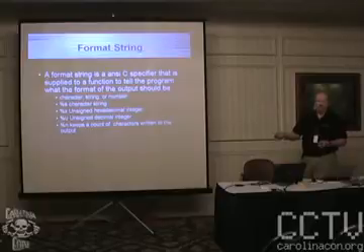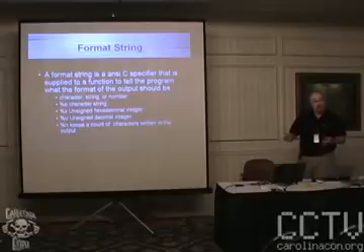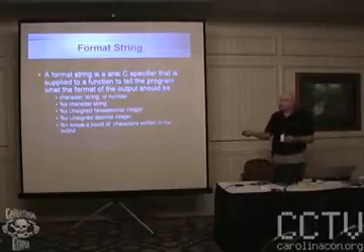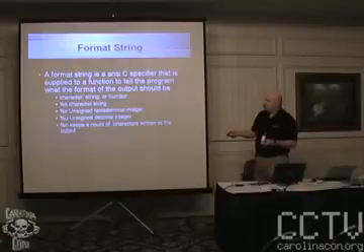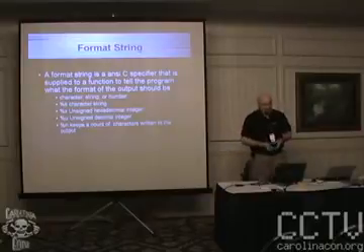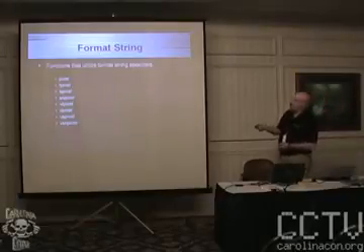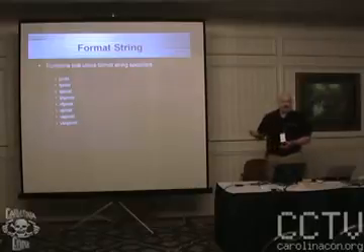So that'll come in real handy later, and you'll see. And this is not all the format string specifiers, just a small sample of them. The main ones we're going to use in this presentation are %s, %x, and %n. Here's a list of a few functions that utilize format string specifiers. This is not all of them.